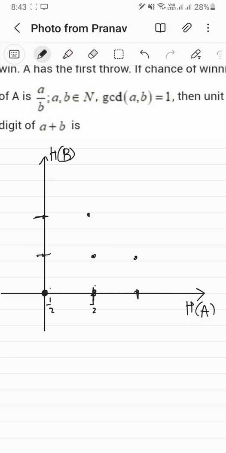Then the next chance would be B's turn, right? For B's turn, you would split both of these into halves. Call the total cases that we are dealing with n. Then this would be n upon 2 cases, and this would be n upon 2 cases.